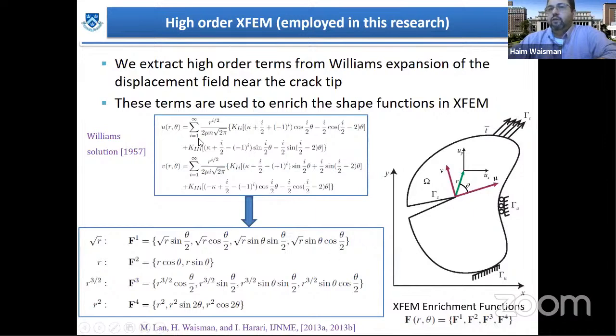They come from plugging I equals 1 into the series, so you get all the square root of R terms. Now with the higher order terms, we are also taking R to the power of 3/2, and R squared, R to the power of 2 terms. So F2, F3, F4 are additional terms on top of standard XFEM that have been added here.